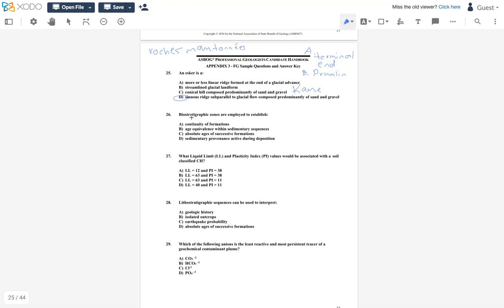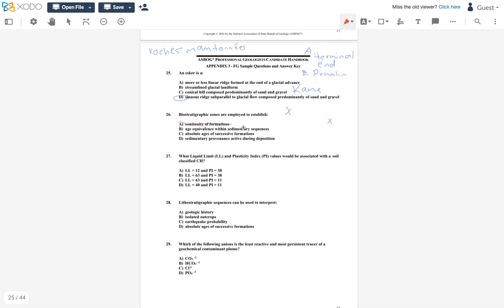Reasoning through this one, just because you have a fossil over here and a fossil over here and they're both the same does not mean that there's some laterally continuous unit, especially if it's really widespread. That doesn't necessarily indicate that. So not used for continuity of formation.